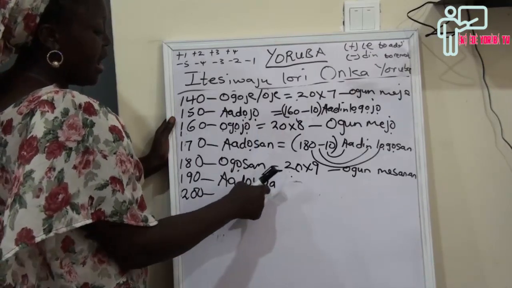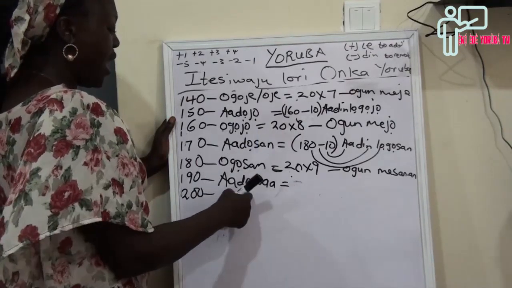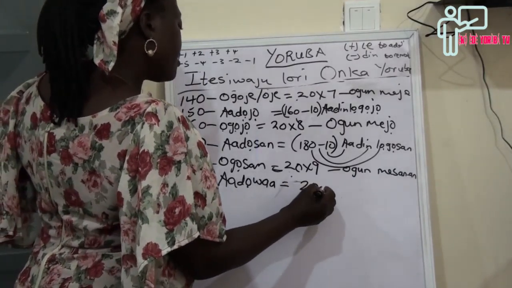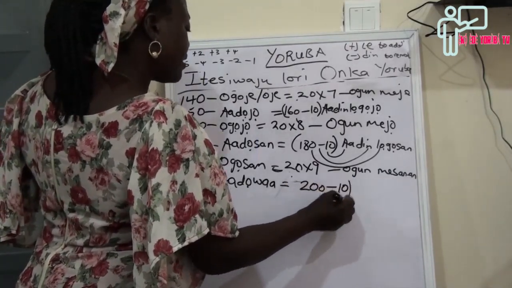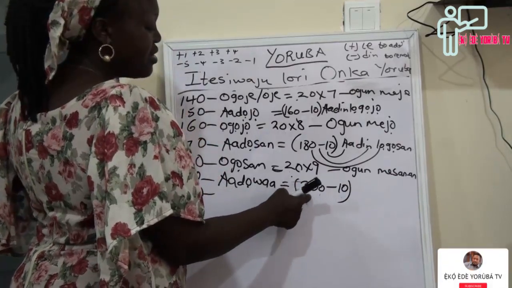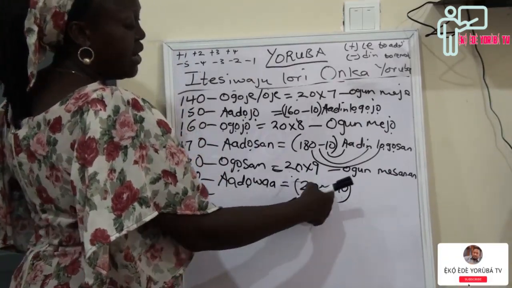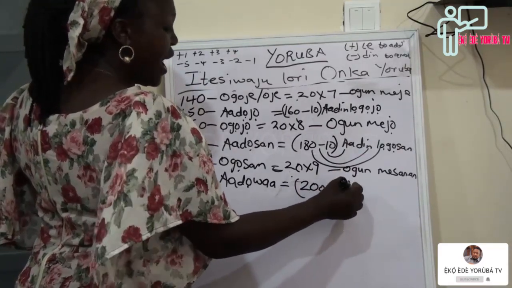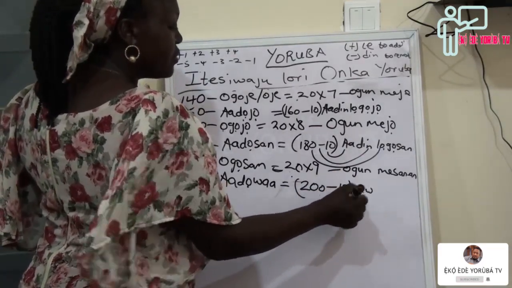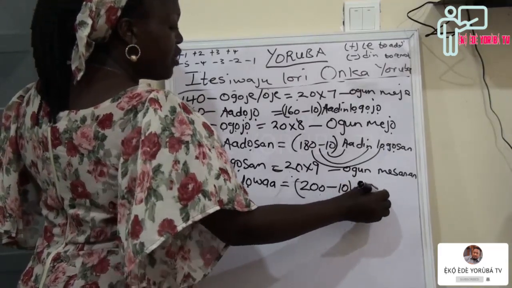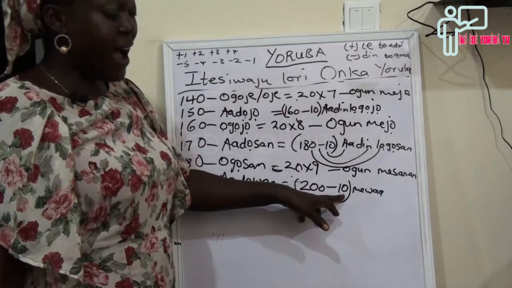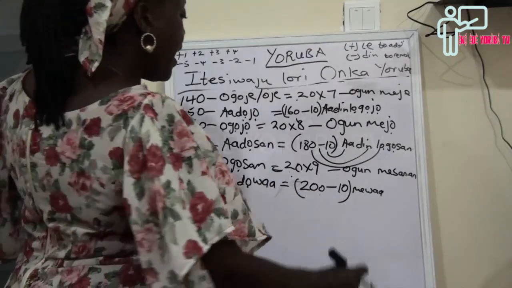Àádọ́wàá. And what is the meaning of àádọ́wàá? That is 200 minus 10. And this one is mẹ́wàá. You could remember I said that the 10 means mẹ́wàá.